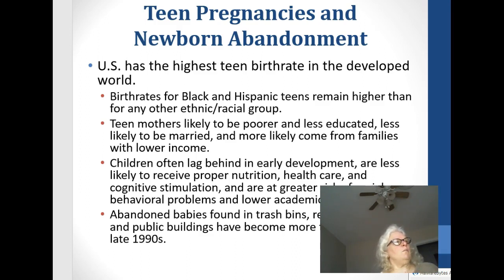We have newborn abandonment that comes into place, and these children often lag behind. We also see that grandparents take over the responsibility of those children, and oftentimes they too were teen parents and may only be in their 30s and 40s, which definitely affects their retirement and how they address those issues.